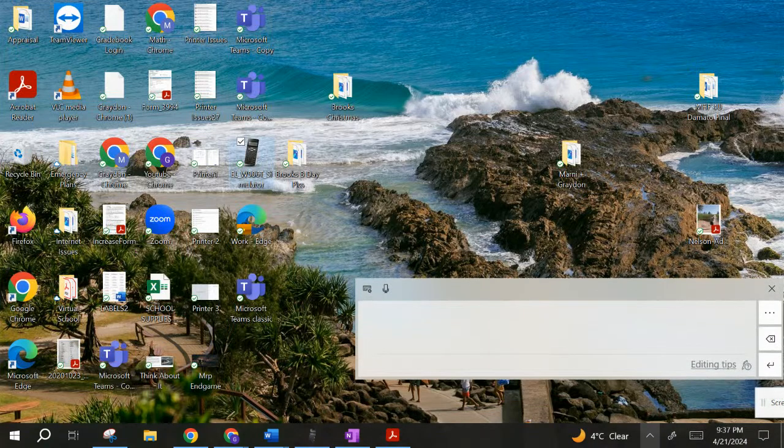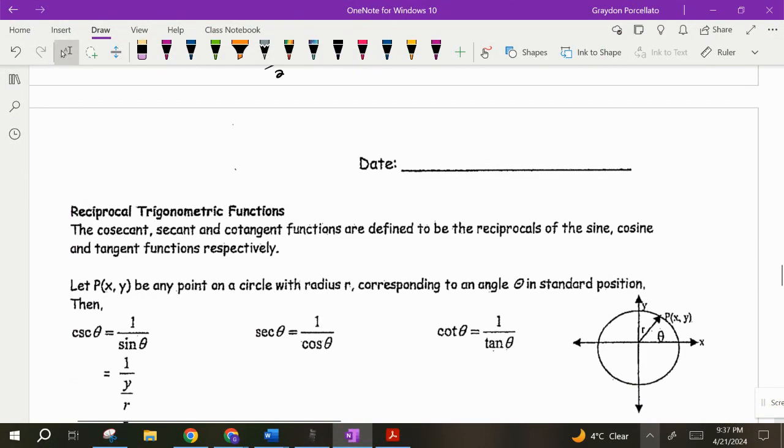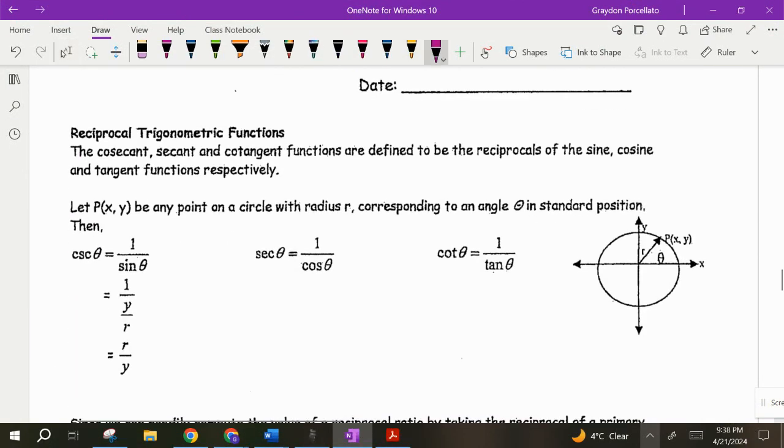So that's equal to 1 over y over r, which is just the reciprocal. And we looked at reciprocal: reciprocal is just when we flip a fraction, okay?